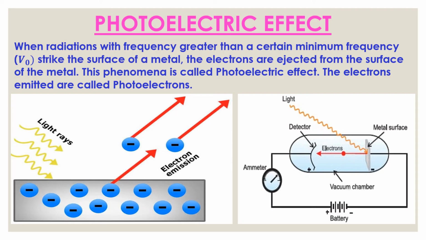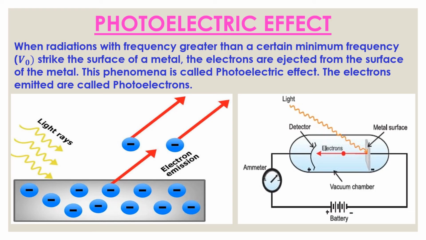This phenomenon is called photoelectric effect, and the electrons which are emitted are called photoelectrons. You can see in the diagram, when radiations with frequency greater than the minimum frequency strike the metal surface, electrons are ejected out from the surface.